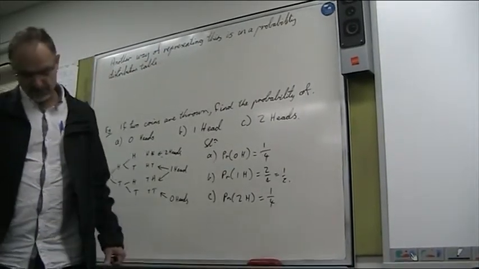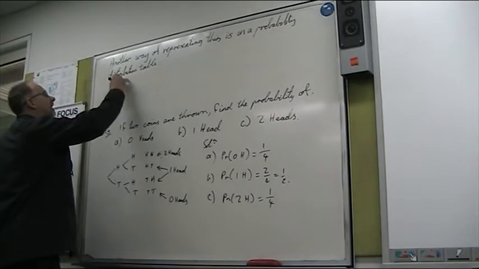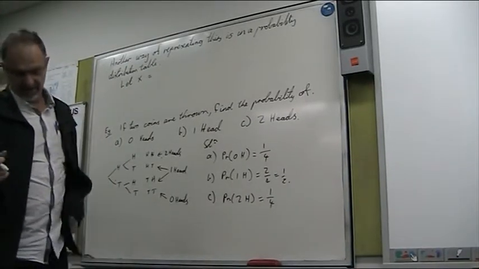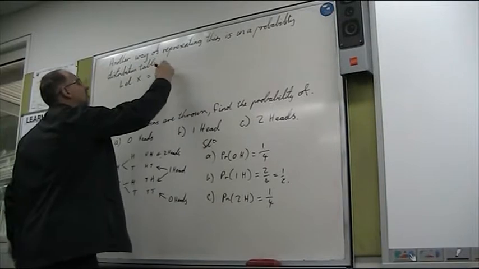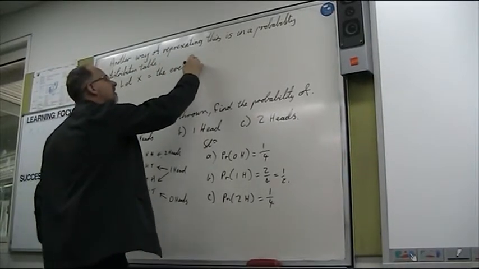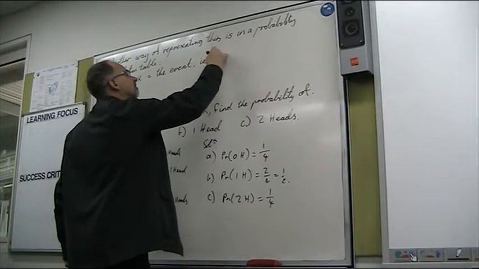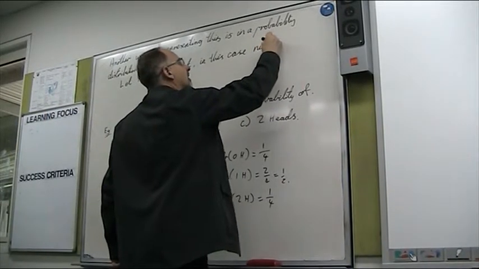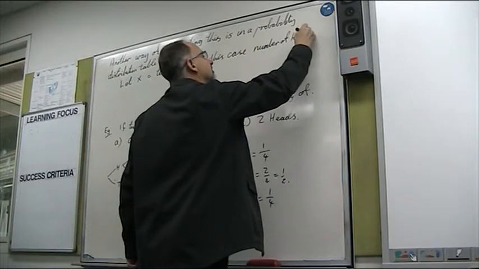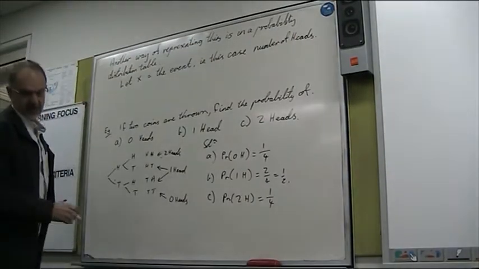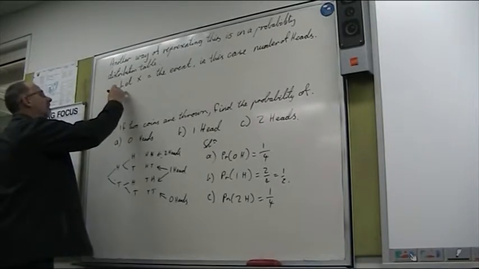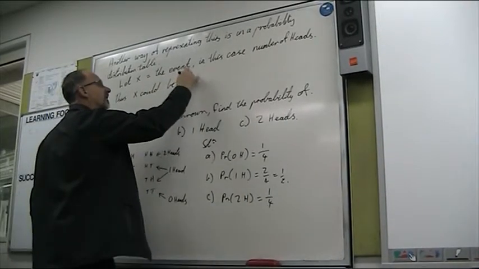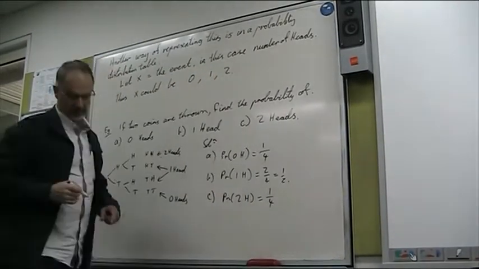And then we let x equal the event, which in this case is the number of heads, so x could be 0, 1 or 2.